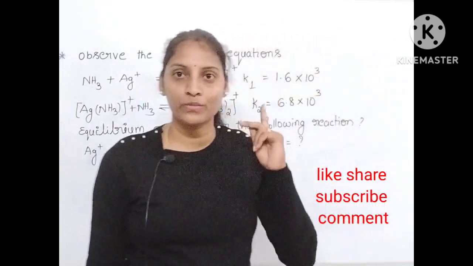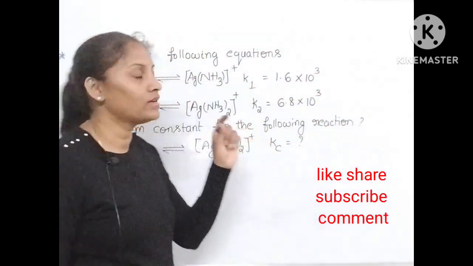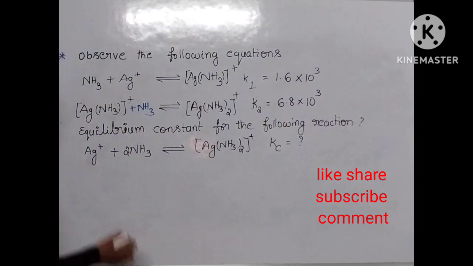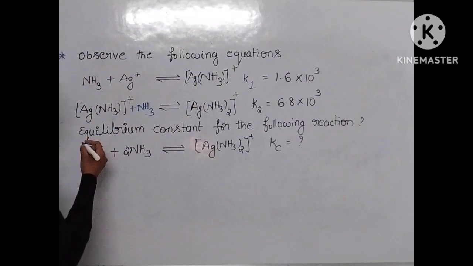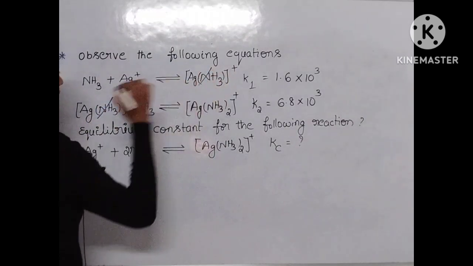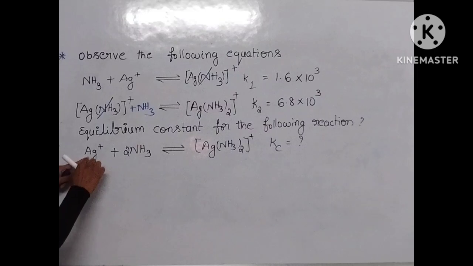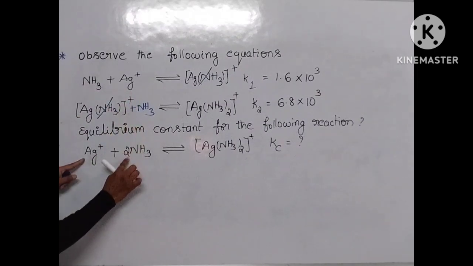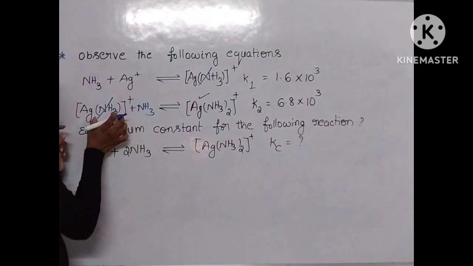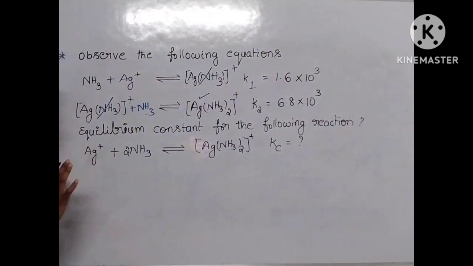Here if you observe these two reactions, from these two reactions you will get the third reaction. How will you get that reaction? See here, this one and this one cancel out. So this Ag+, and 2NH3, then it will give you this. So the Ag(NH3)+ and this Ag(NH3)+ would become cancelled out.